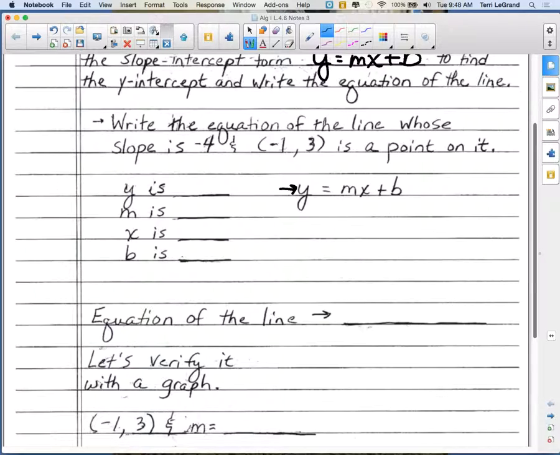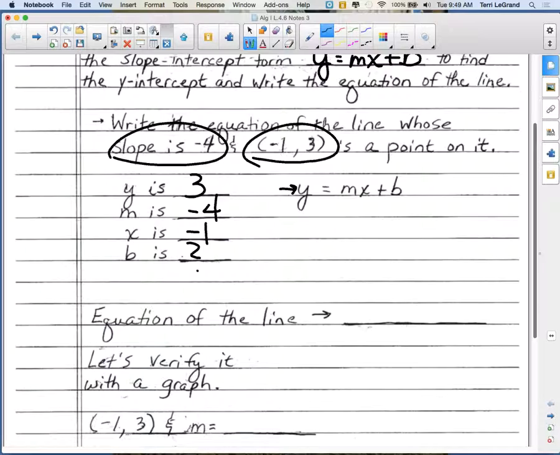Okay, so y is what? We have this information right here, y is 3. m is -4. x is -1. And b is? We don't know that right now.